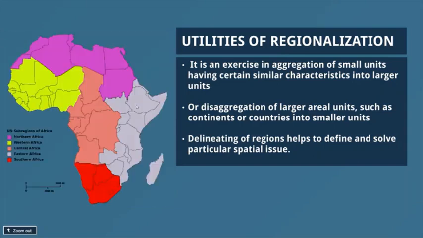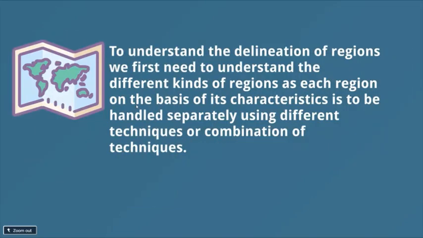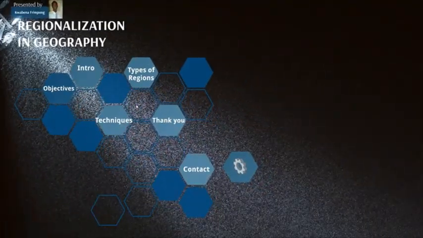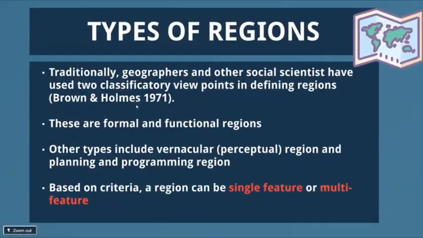Aside this, for us to do justice to this job that geographers are doing, we need to understand the types of regions. And for the purpose of this conversation, we will limit ourselves to two main types of regions: formal and functional regions. And aside this typology, there are other ways you can also classify a region.